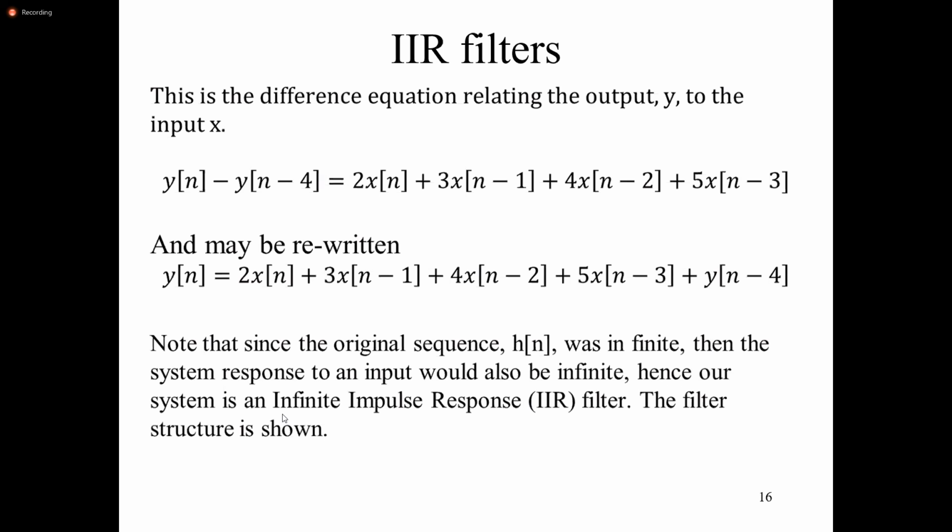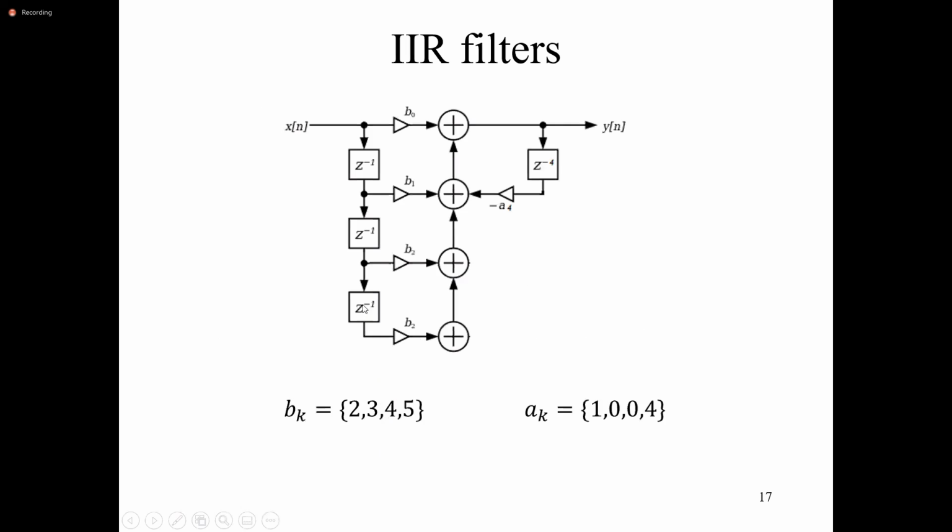So the system remains an IIR filter. But now we have a new structure. And what is the new structure? Here is the new structure. We still have our input signal coming through here.